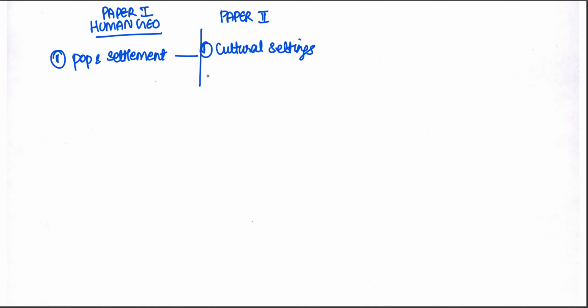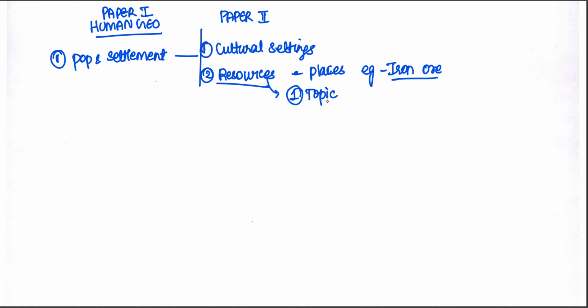You can read one resource topic daily because it involves a lot of factual places to be remembered. For example, if the question is on iron ore, you need to remember the locations of the iron ores, right? Political aspects and contemporary issues can be dealt with easily, so they are not a concern at the initial phase of preparation.